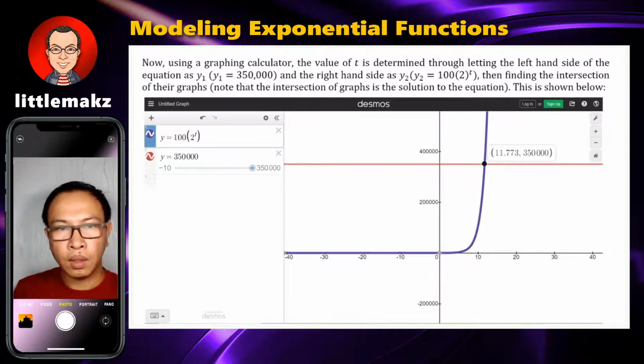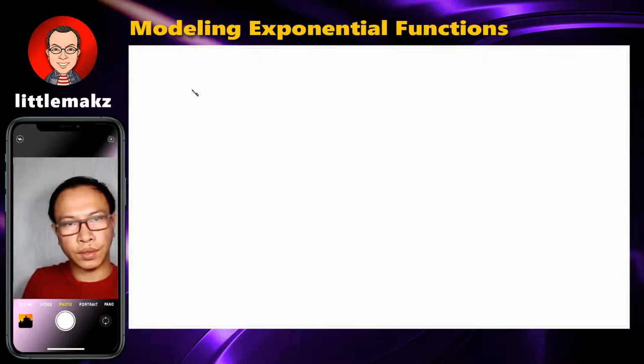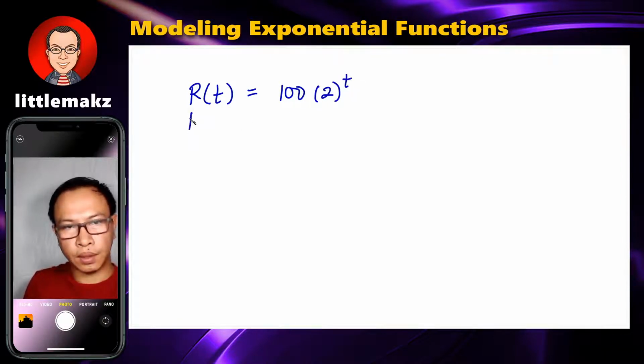Now, we could also do this example by making use of what we call the logarithm. So knowing that your R of t is equal to 100 times 2 raised to the power of t, but your R of t is the same as 350,000 in that case.